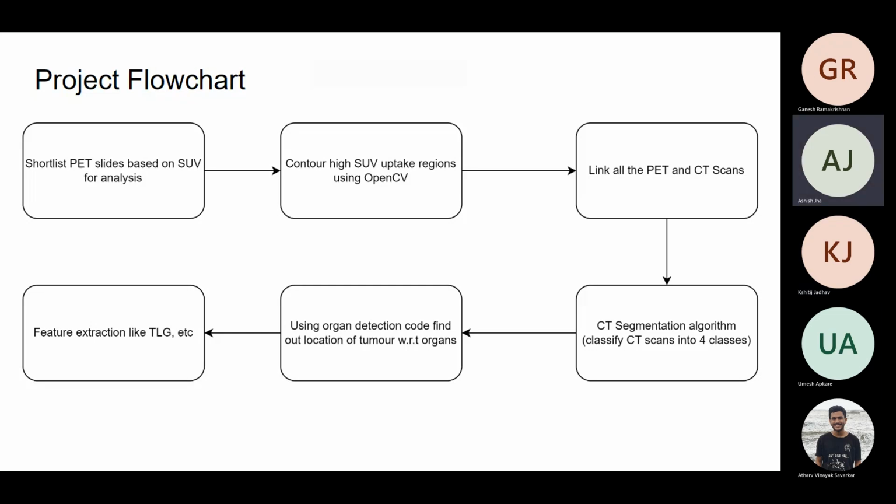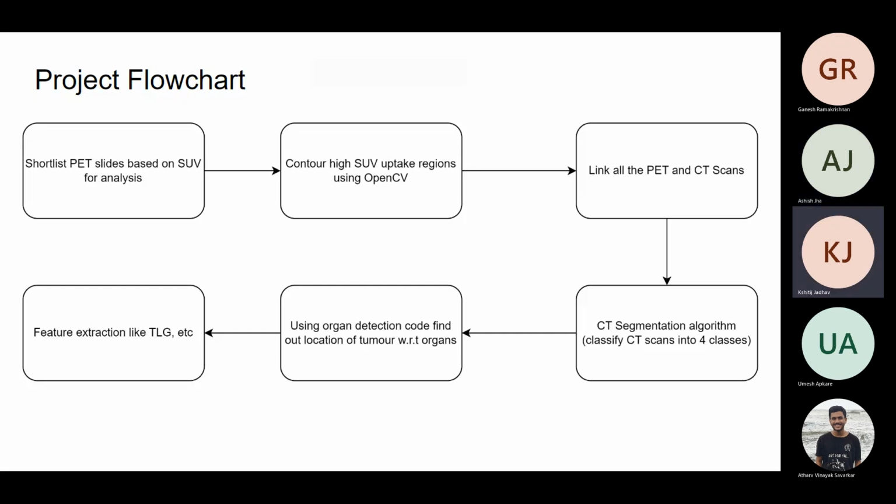We may try that, because TLG and MTV are conventional, and they do not have so much prognostic value as a few radiomic features can have. And how do we extract those radiomic features? If we have the contour, then we can extract them; we have software for that. Otherwise, I will send you the formula, and with that formula as well you can do it.